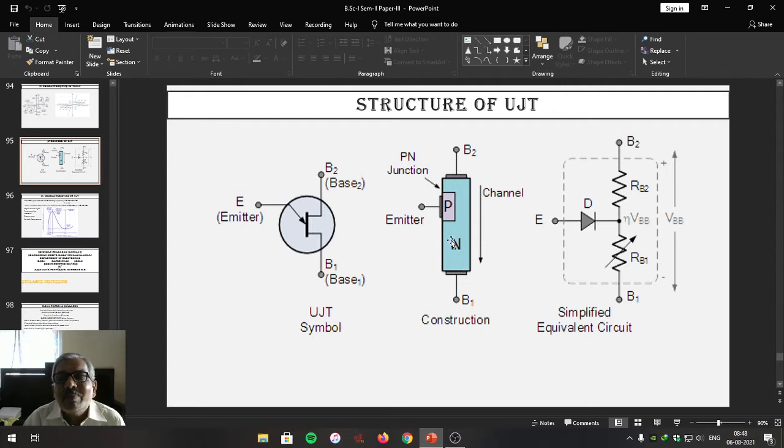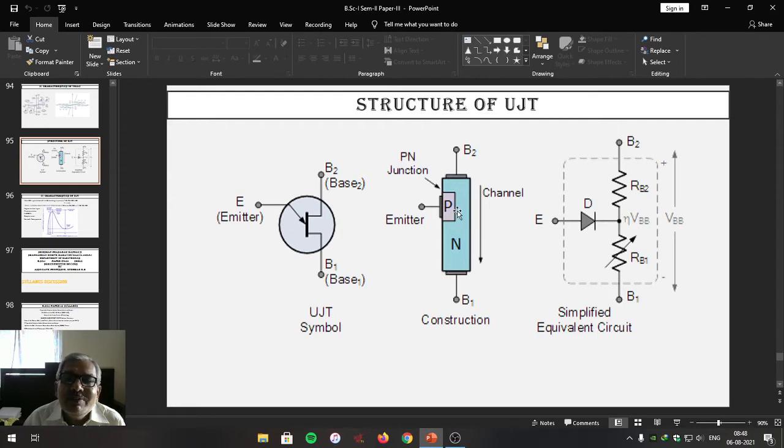Dear students, there is a formation of a PN junction which is represented here. Look here, so this is the PN junction. From emitter to B1, an internally fabricated resistance exists.